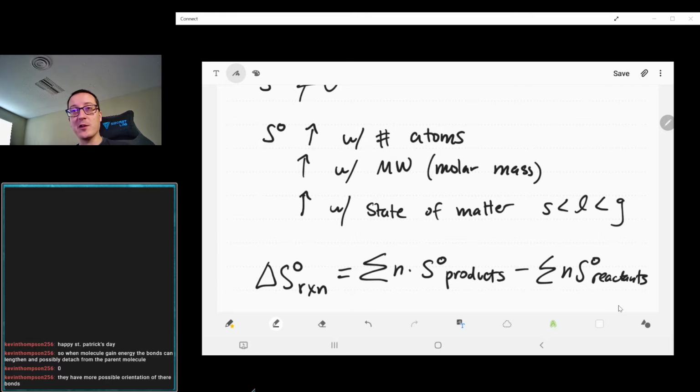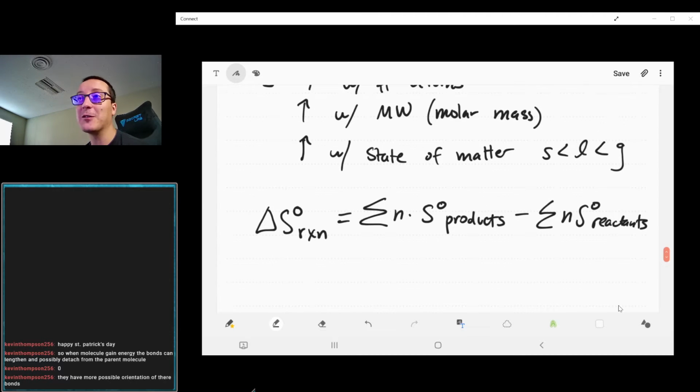So just like before, we're looking at the chemical equation. We can figure out the delta S for the reaction by looking at the standard entropy values for the products minus those for the reactants.